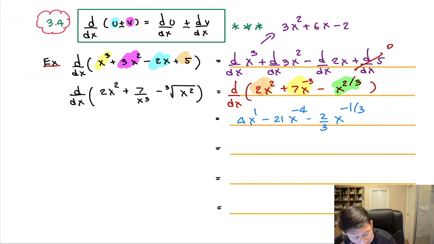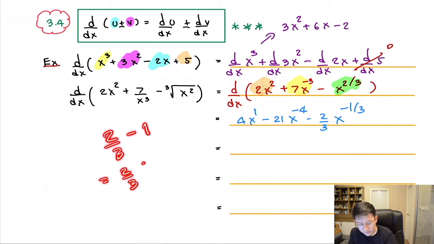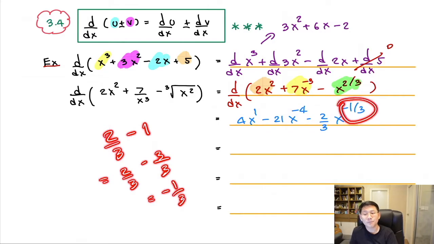And similarly here, I push minus 3 down. Minus 3 times 7, we get minus 21, and minus 3 minus 1 becomes minus 4. And similarly here, I push 2/3 down, okay, and 2/3 minus 1 is 2/3 minus 3/3, which is minus 1/3. Okay, that's why I get this minus 1/3.